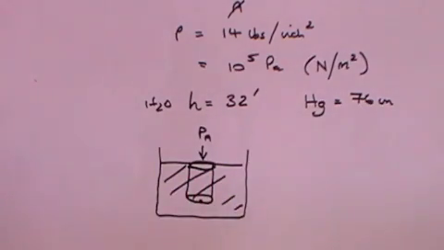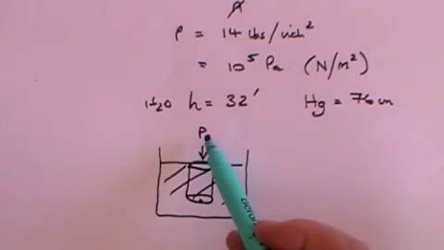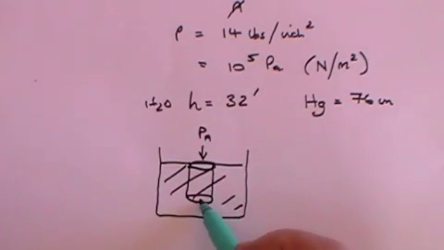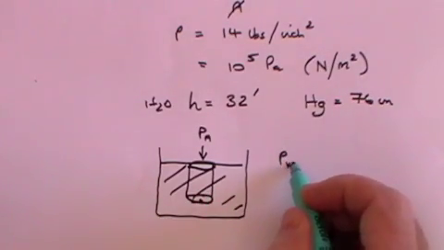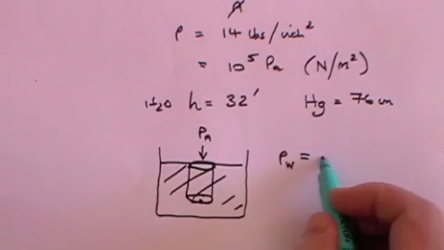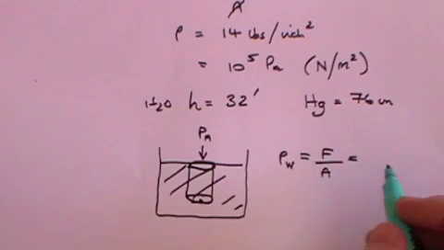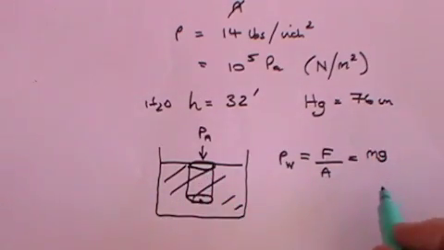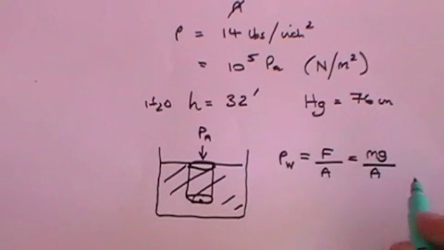And once again, we can say that the pressure of the water on this point here, forgetting for the moment atmospheric pressure, is equal, once again, to force over area. And once again, that force is the weight of the water in this cylinder. So it's the mass of the water times g, the gravitational force, divided by A.